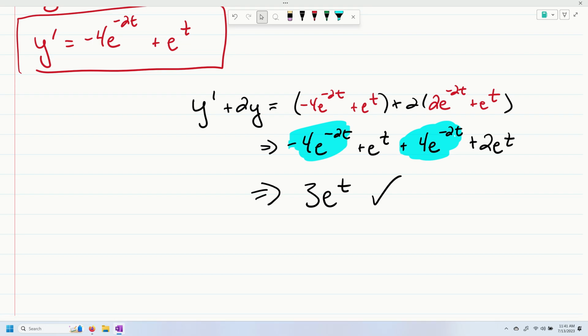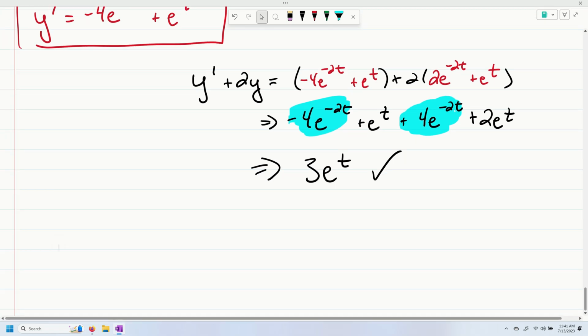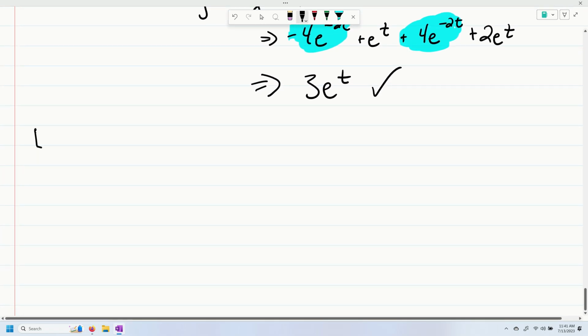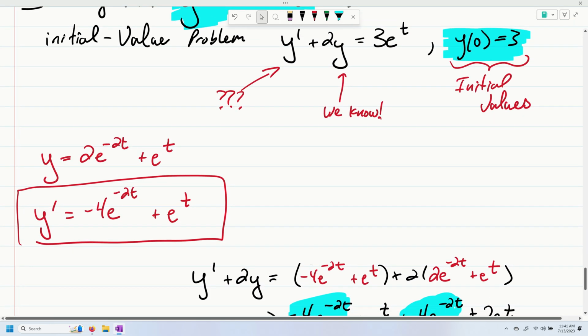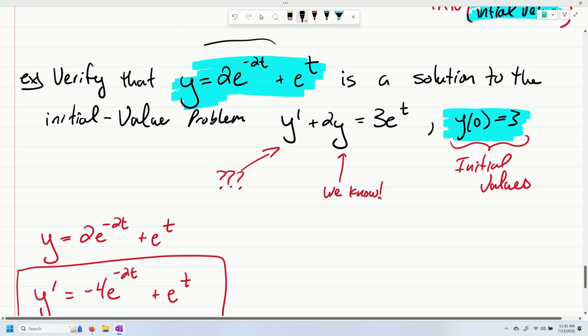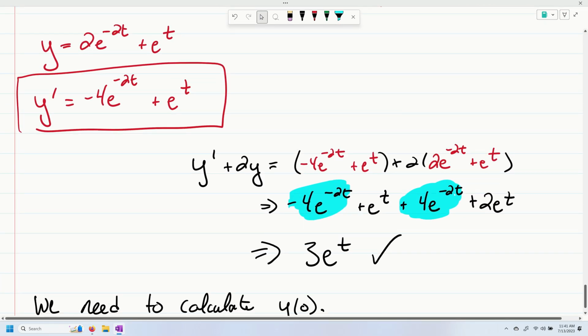we can go ahead and verify that this actually works for the initial value problem, because we need to calculate y of 0. We just verified that this is a solution. Now let's verify it for the initial values as well.